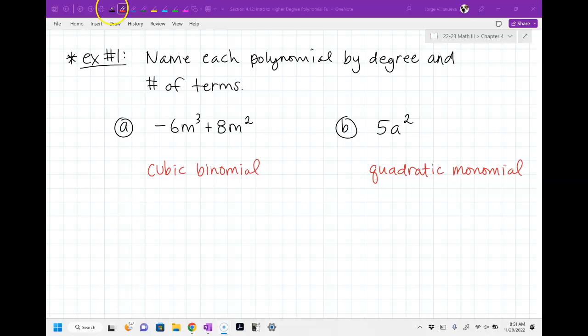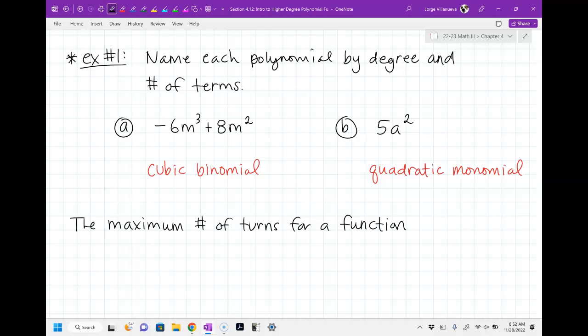All right, so maximum number of turns for a function. If I were to give you a big old equation, how would you know how many times it's going to change directions from going up to down to back up to down?